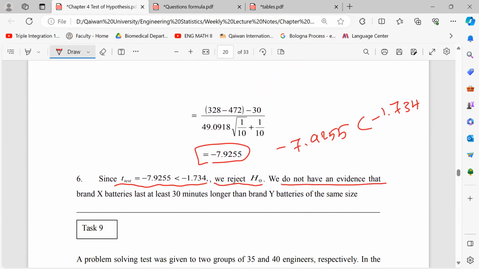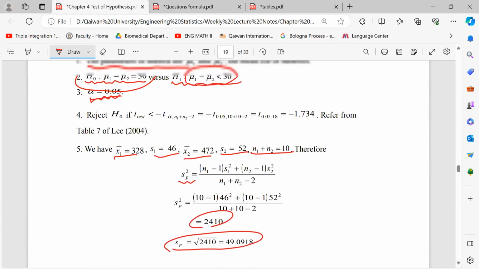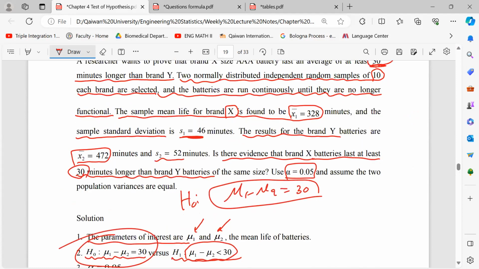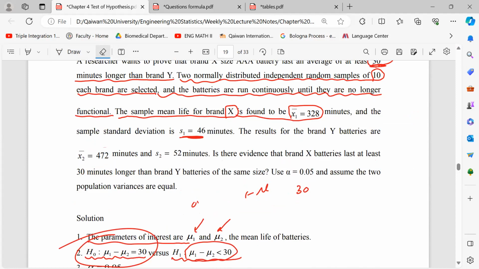As you see in the example, it asks: is there evidence that brand X batteries last at least 30 minutes longer than brand Y batteries of the same size? We say there is no evidence, because the null hypothesis is rejected.